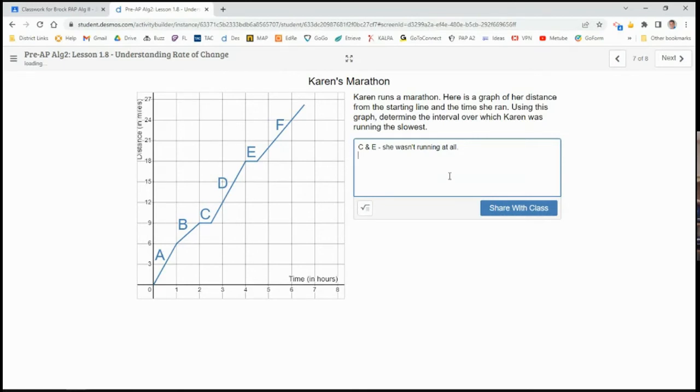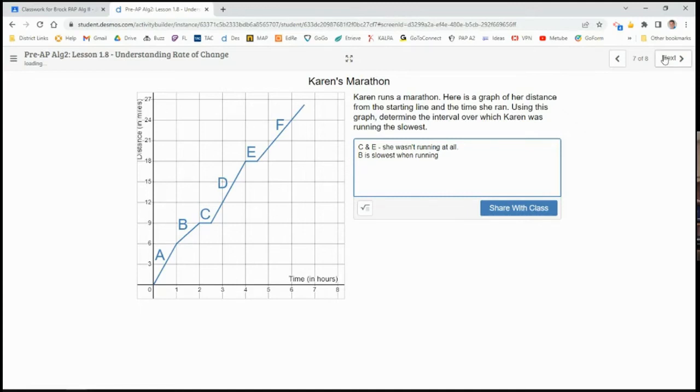But as far as the smallest slope, B is slowest when she was running. So I could take an argument for B, C, or E right there. Because B is only 3 miles an hour. All the other times she ran more than 3 miles per hour.